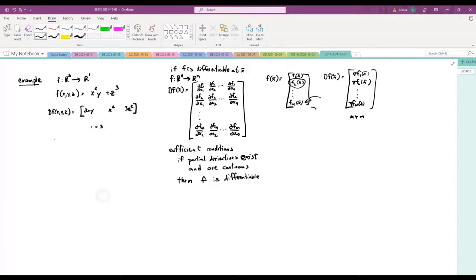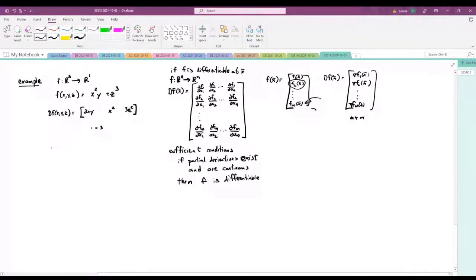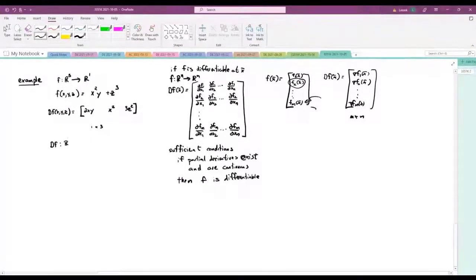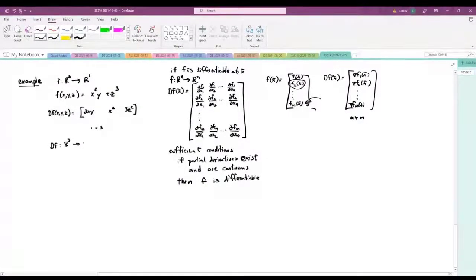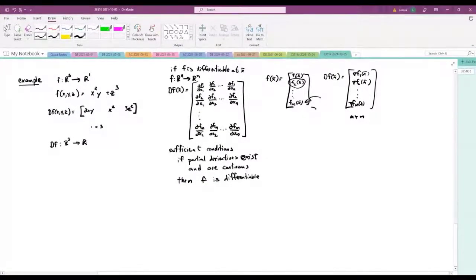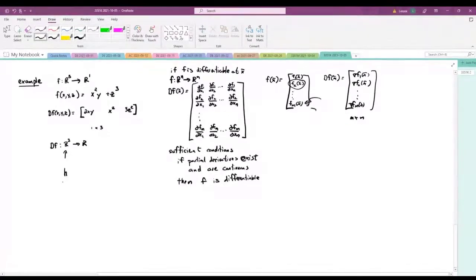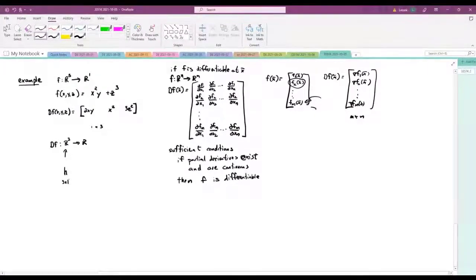This derivative has to act in a linear fashion on R3 and return a number. So if we represent our vectors in R3 as column vectors, so H would be a 3 by 1 matrix, if you will, then Df must somehow act on this.